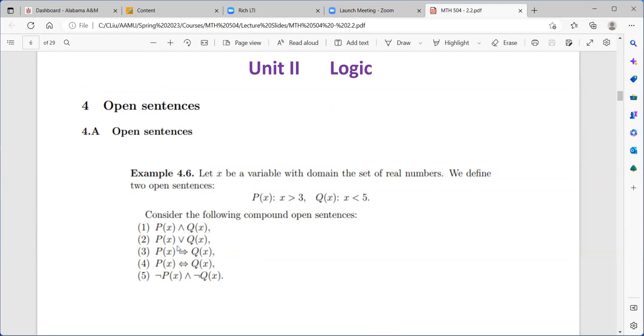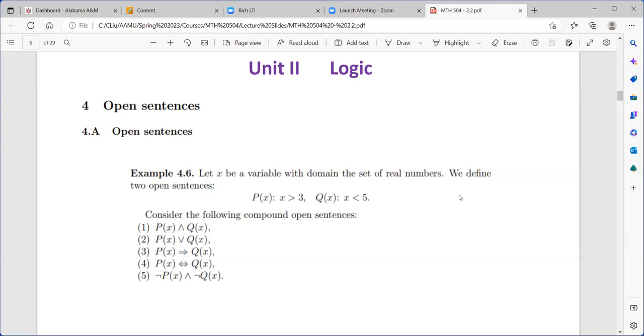Well, we just worked out number 3 and number 4. We already worked it from the one side. We can work out from the other side. So we already worked P to Q. Then you need to work out from Q to P also, and then take the intersection of those x values from the two conditional open sentences.